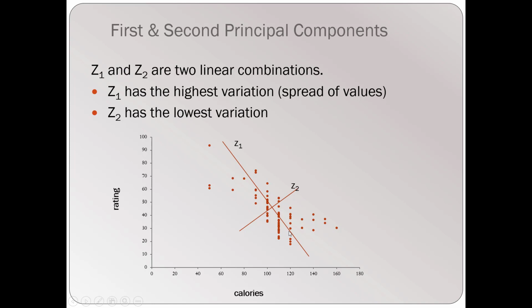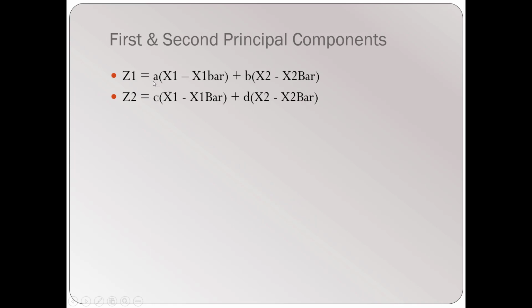And similarly, you have two different coefficients, and using those two different coefficients, for a given value of calories and rating, you get a different z sub 2 value. Okay, so z sub 1 is a coefficient times the difference between the value and the x bar.